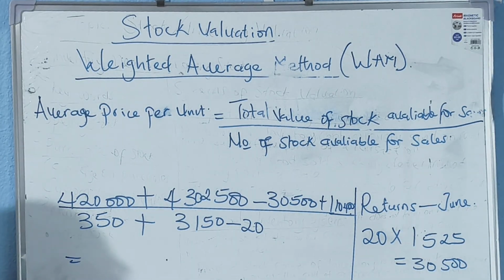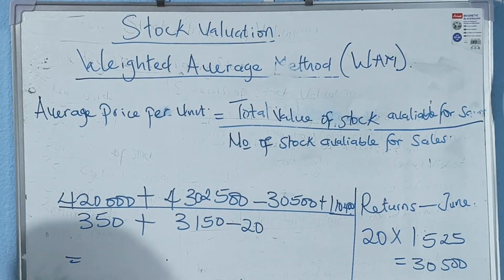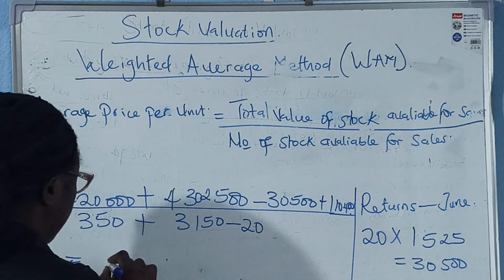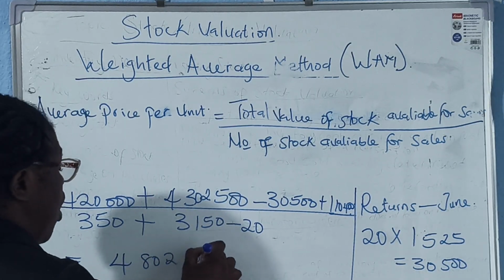When we compute this, we get our average price per unit. 420 thousand plus 4,302,500 minus 30,500 and then plus 110,400, and that gives me the total of 4,802,400.